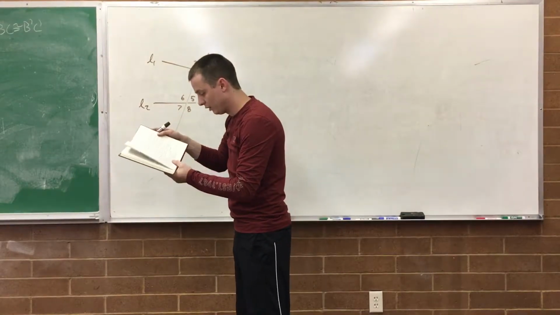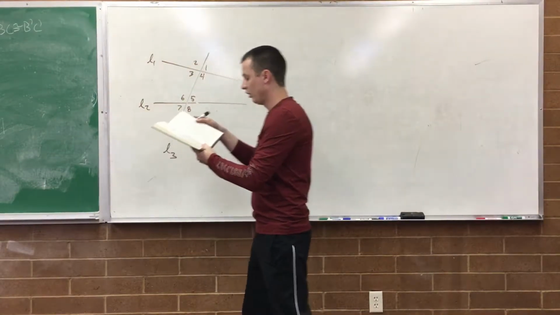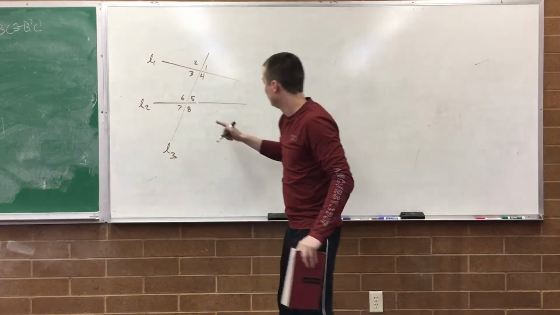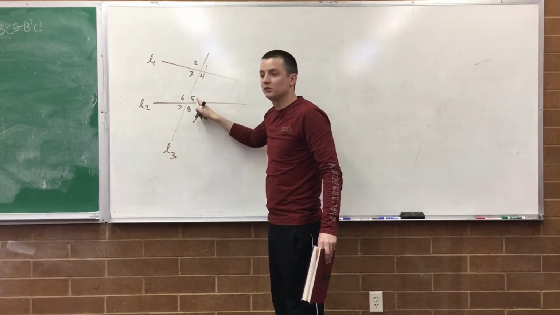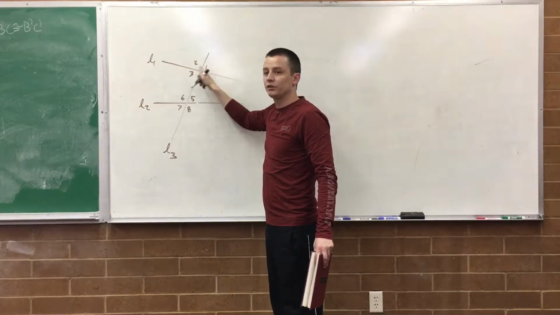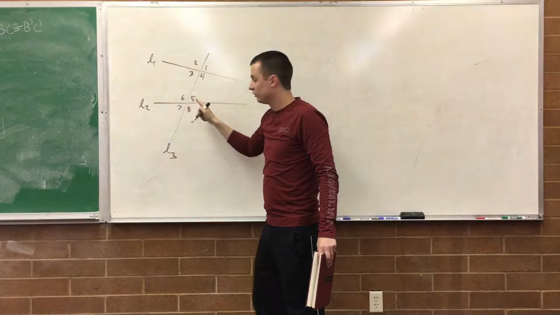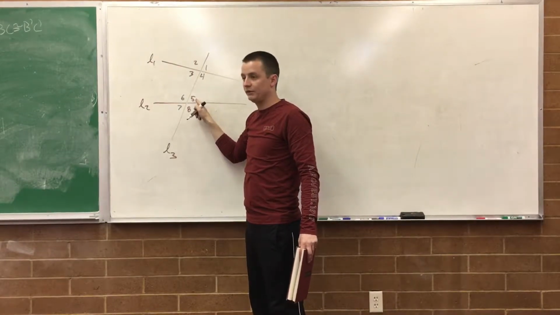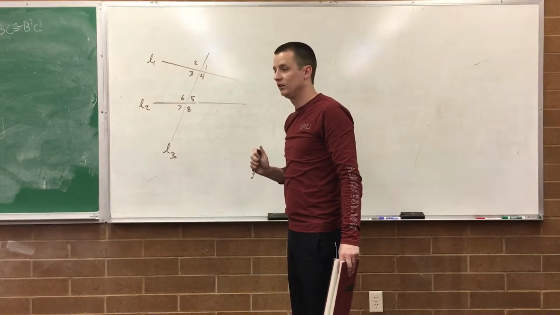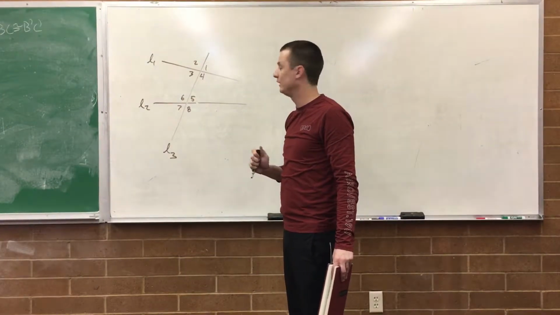Next thing we have are alternate angles. The alternate angles you can think about as finding its corresponding angle, then take its vertical. So the alternate angle of 5 is angle 3. The alternate angle of 6 is angle 4.